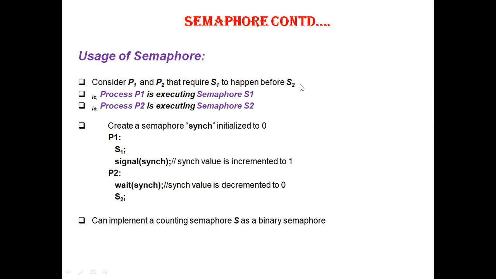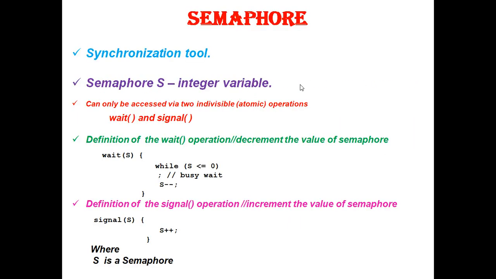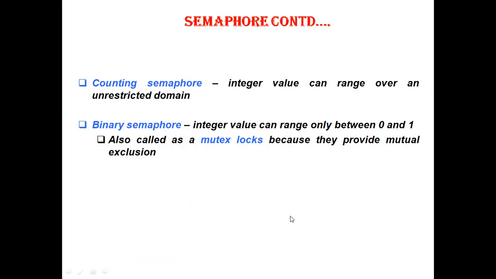So how can we write the code? We write it with the help of our two operations, wait and signal. Wait will decrement the value, and signal will increment the value.